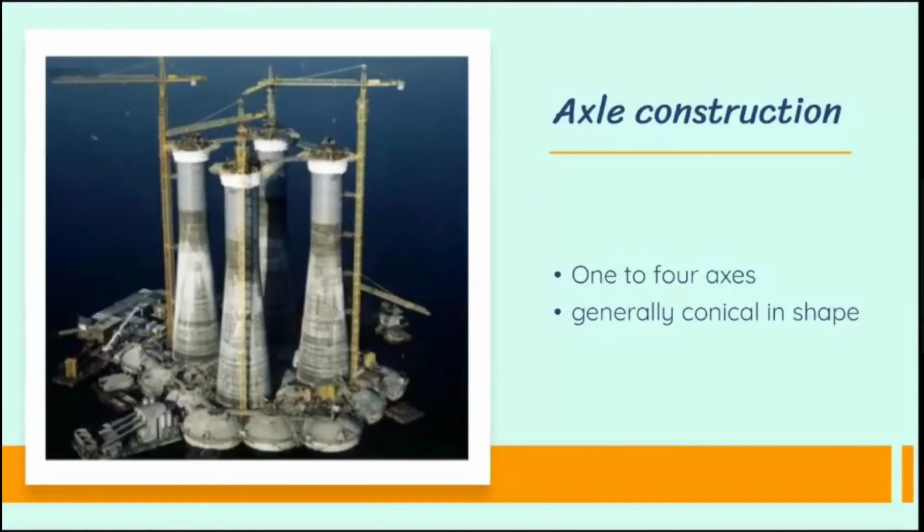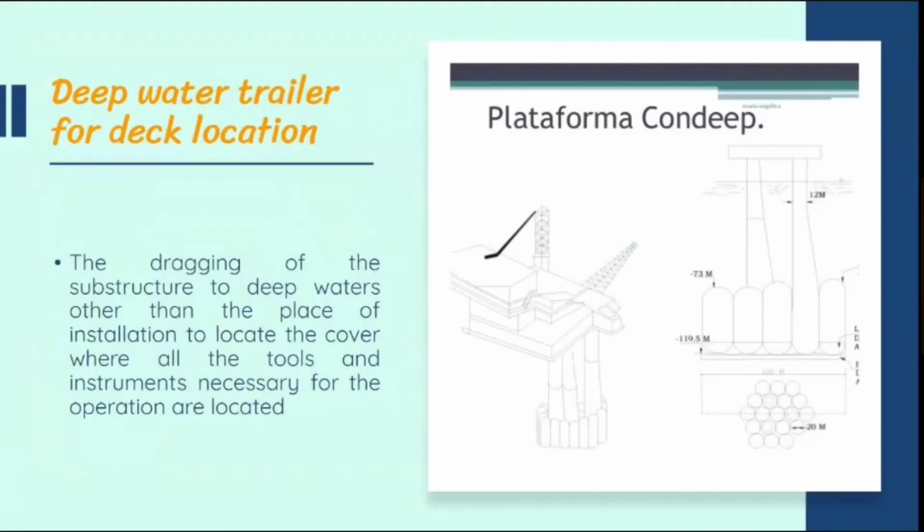The next stage is the construction of the shafts, which can typically be 1 to 4 in number. They are usually conical with a different wall thickness, making it necessary to use sophisticated formwork. Deep water trailer for the deck location.